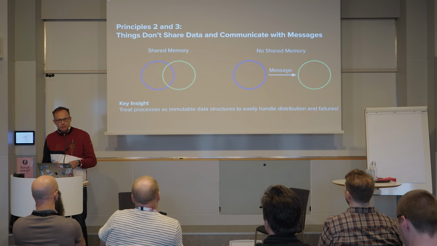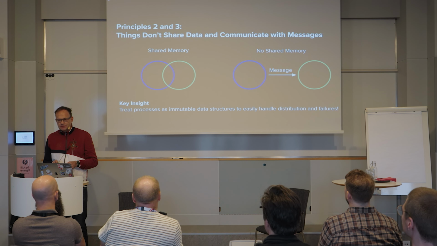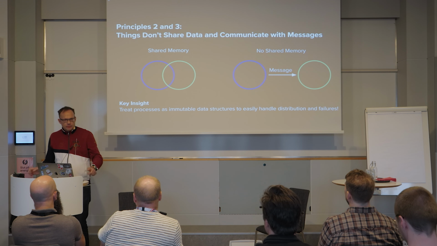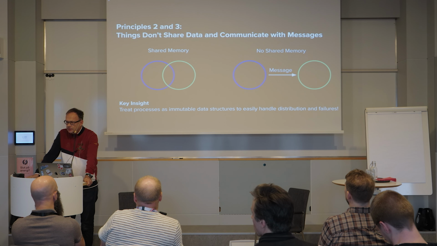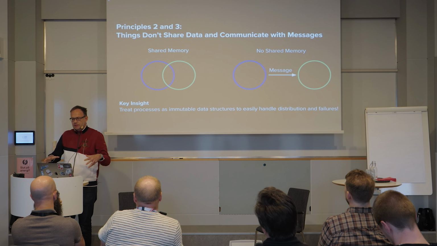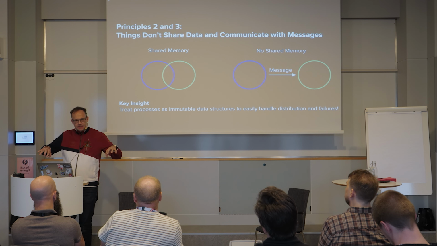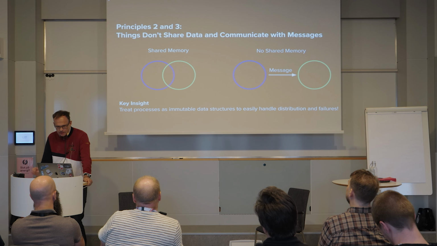And remember, we're going to talk about principle 4, handle failures in a smart way. So shared memory, of course, you can do that, but it requires much more work if you're going to do distribution and if you're going to handle things that fail, because it's connected and you want to disconnect. That's the key thing here.